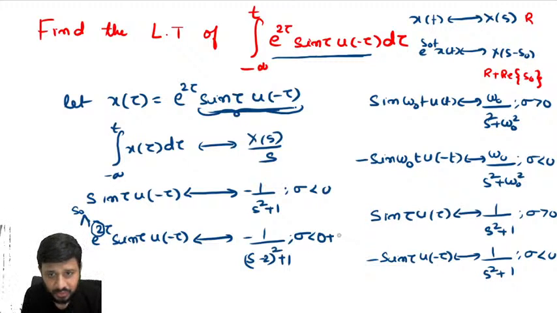S naught is 2 here, so sigma less than 2.